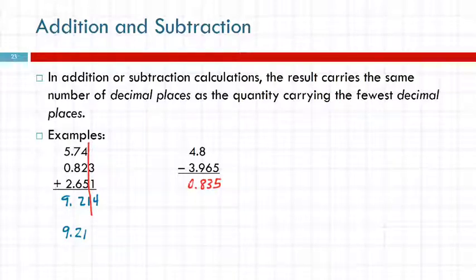Well, how many decimal places does the first number have? 1. And how many does the second one have? 3. So 1 is the smallest number of decimal places. So then the answer should have 1 decimal place. So the answer should be just 0.8. There's uncertainty in the first decimal place. And so when we add this to the 9, there's uncertainty in the result, or subtracting, sorry.